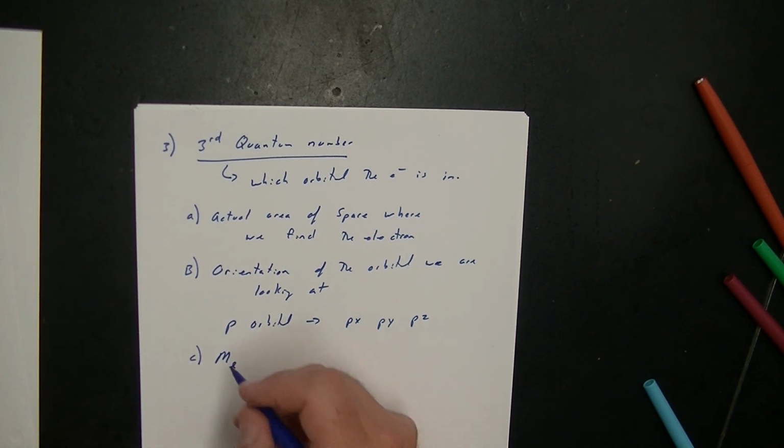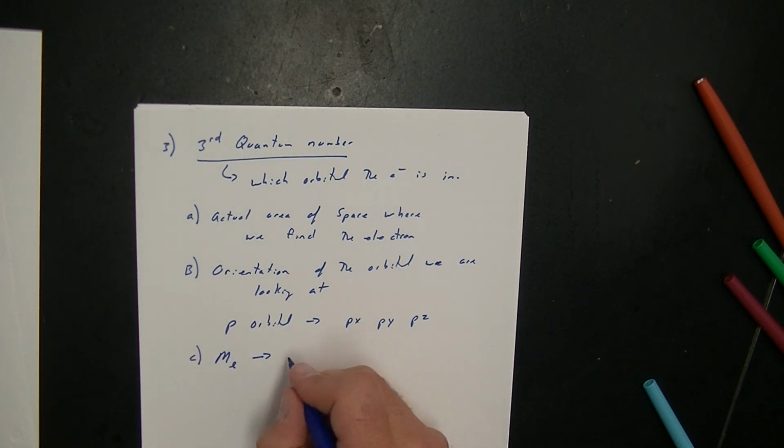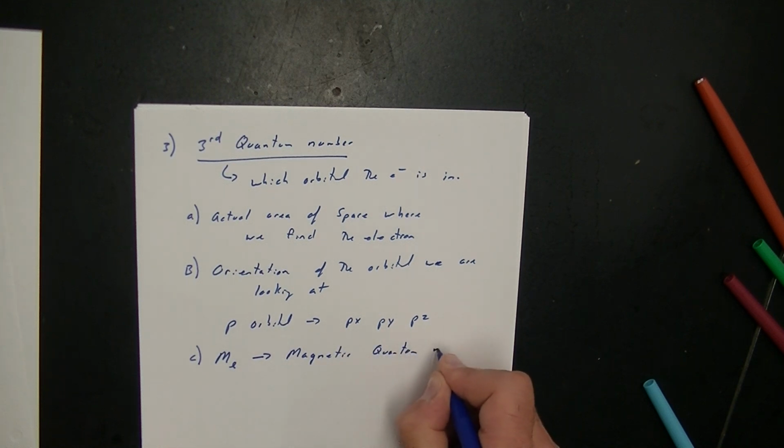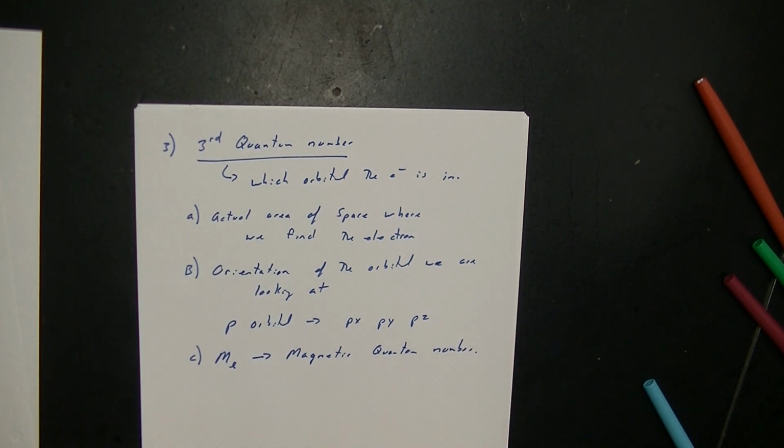It's denoted m sub L, and this is the magnetic quantum number. To calculate mL, it's a range, and it goes from negative L to 0 to positive L.